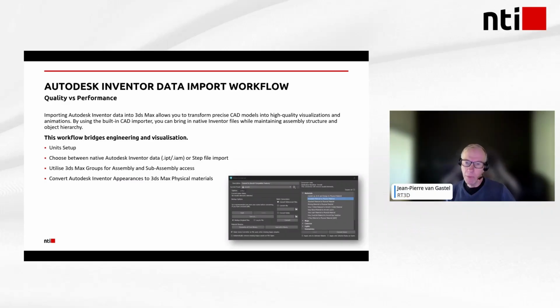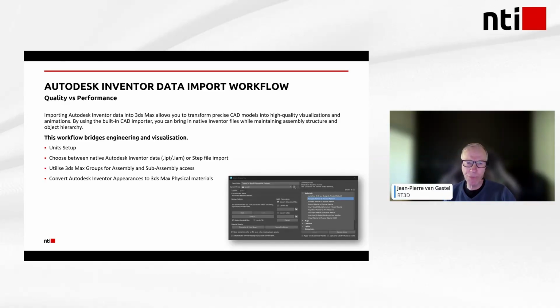So I strongly recommend to replace the Inventor appearance materials with real 3ds Max materials. And I will dive into that so that you immediately get a good understanding of the difference. And yeah, it's an amazing difference when it comes down to quality.